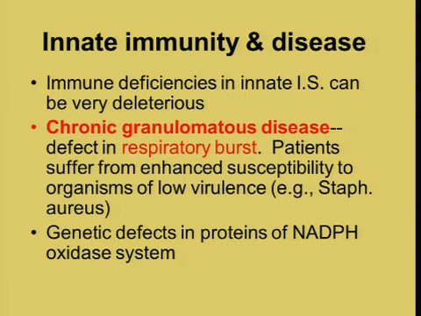I don't know if you guys have biochemistry or not, if this means anything to you, but it is one of the enzymes used to catalyze the production of these very reactive chemicals that in turn are used by the neutrophils to kill the bugs, okay? And what happens is they can ingest the bugs, but they cannot get rid of them. And so more phagocytic cells come to the site, and you get the development of granulomas.